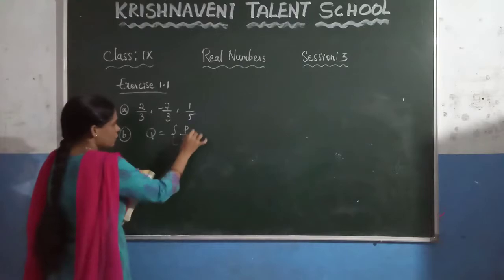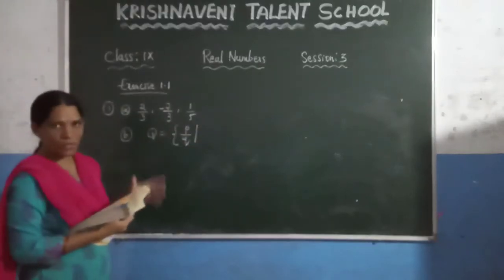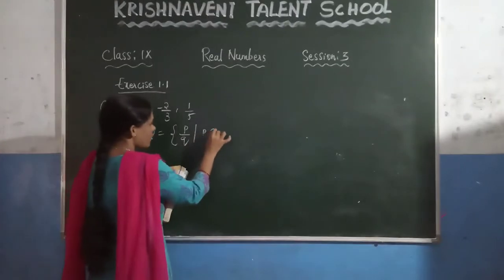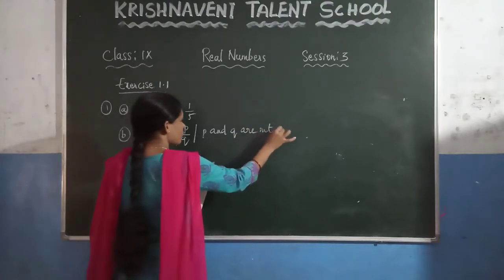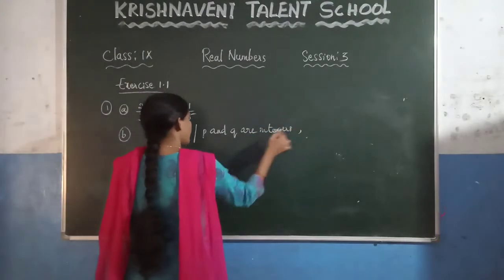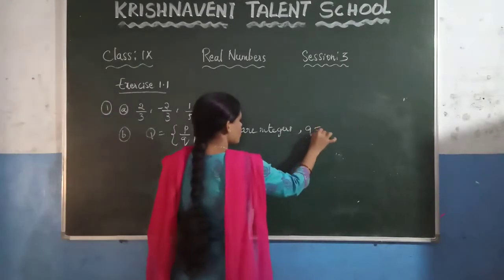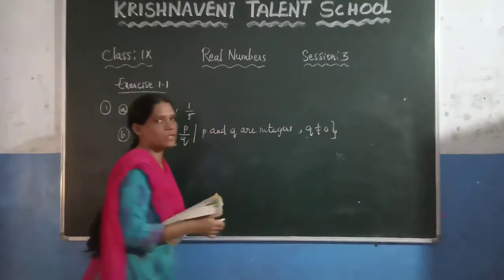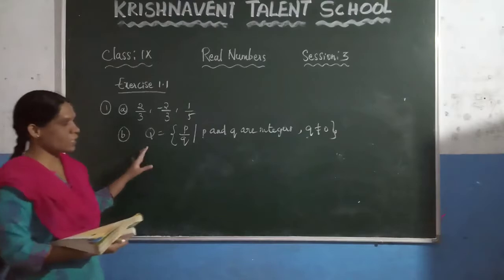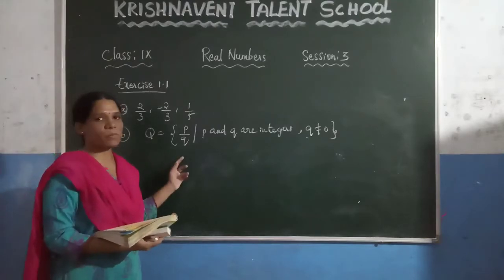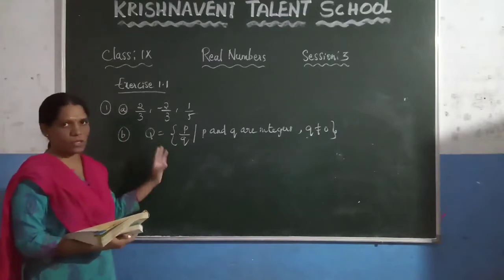We define: if P and Q are integers, we write this as a fraction P by Q. Here write it as P and Q are integers. And what will be the condition for the denominator? The Q should not be equal to 0. Like this we define. Or you can define the rational numbers in the other way. The numbers that are either terminating or non-terminating repeating decimals are called rational numbers. You can write it in either way.